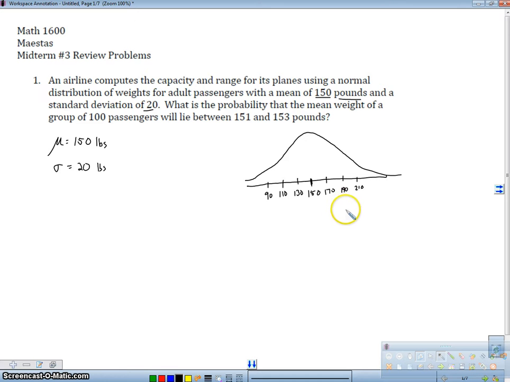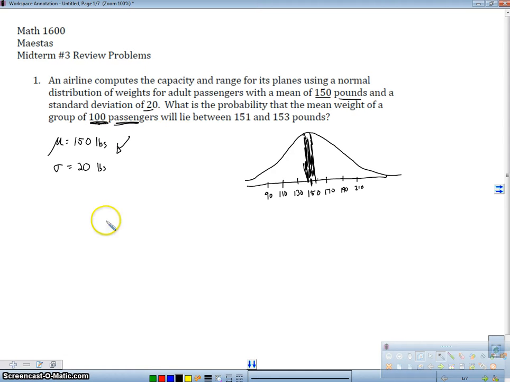So let me answer this question here. It says, what is the probability that the mean weight of a group of 100 passengers will lie between 151, right here, and 153? Well, this normal model works for this population distribution, but I'm talking about a sample of 100 passengers.